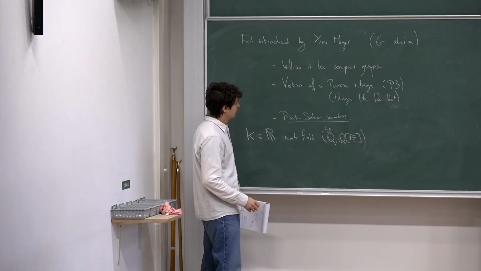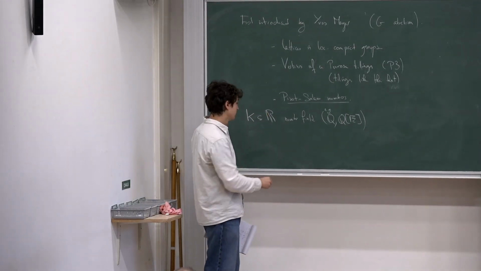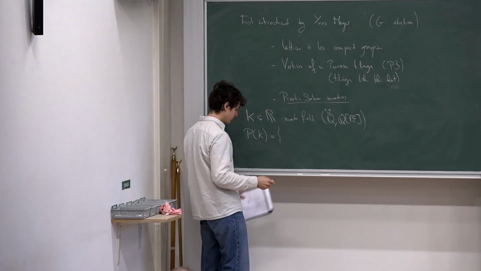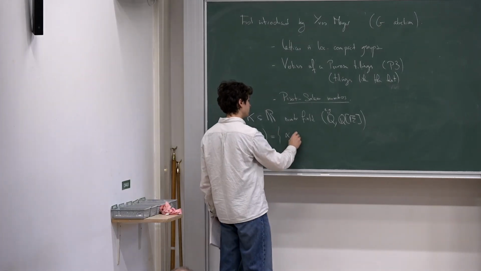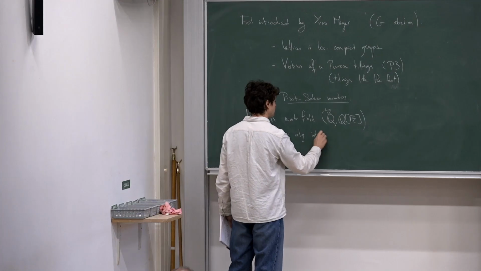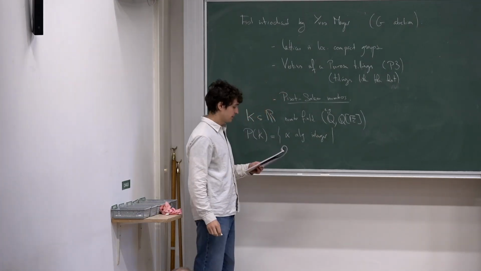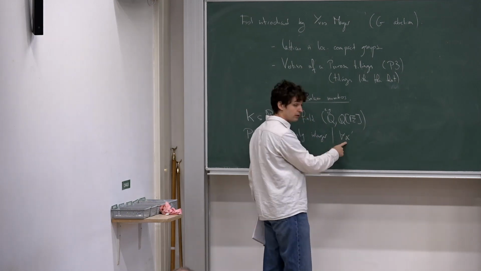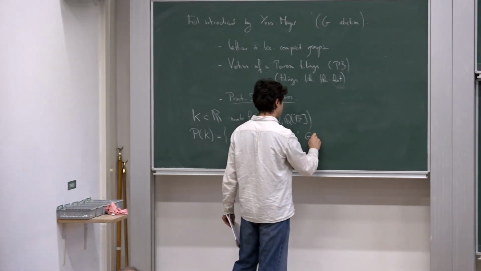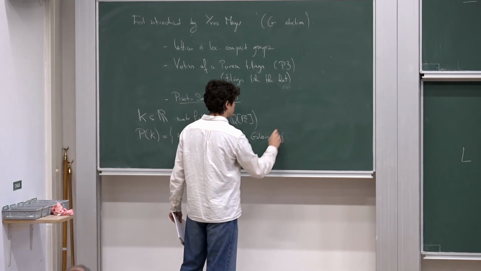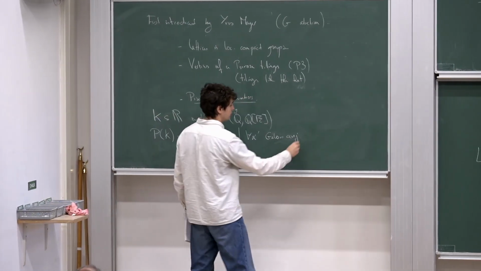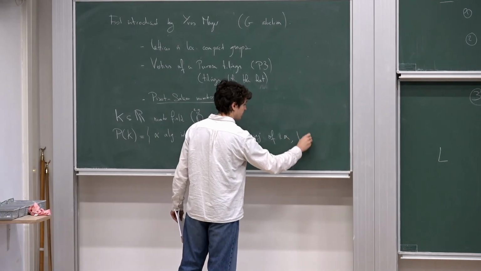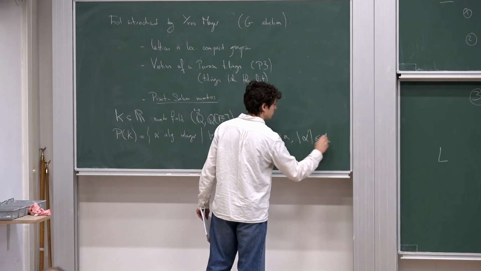Okay, and then the set of Pisot-Salem numbers of K, which I will denote by P_K, is equal to all these algebraic integers alpha such that if I take a Galois conjugate, alpha prime, of alpha, then its modulus is smaller than 1.